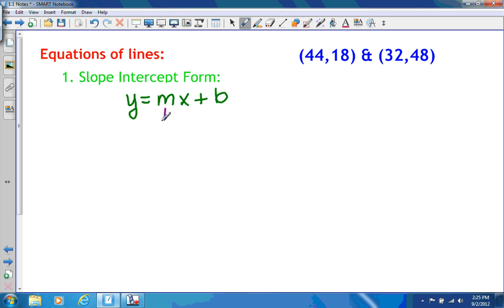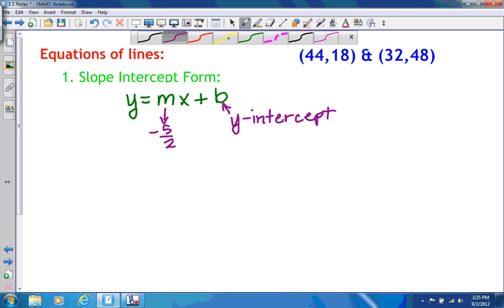We know that m is the slope, which is a negative 5/2. Our b value is the y-intercept, where it crosses the y-axis. That we are going to have to calculate using one of our two coordinates.